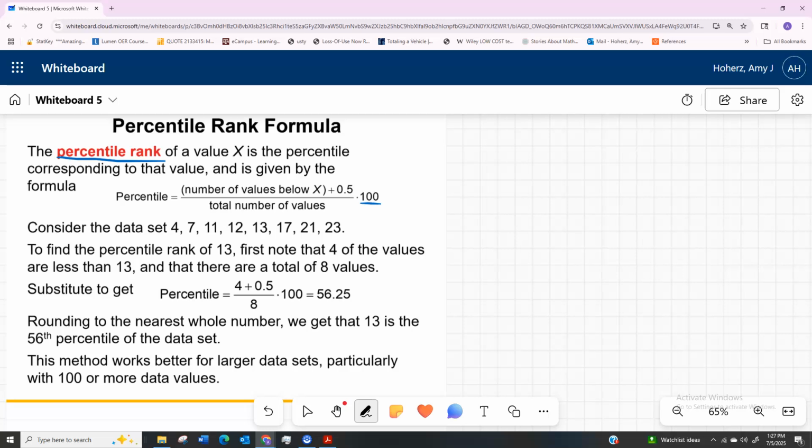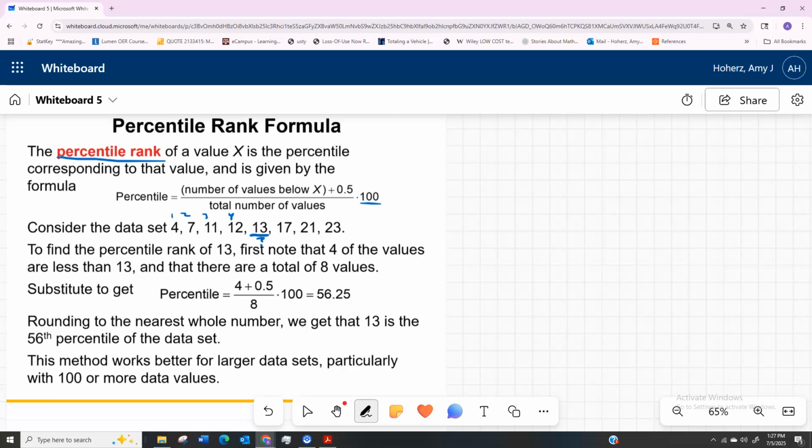And it says we want to find the percentile rank of 13. So the first thing that we have to do is count how many values are below 13. There's 1, 2, 3, 4 values. There's 4 values below 13. So that's going to be our first number that we put in the formula.